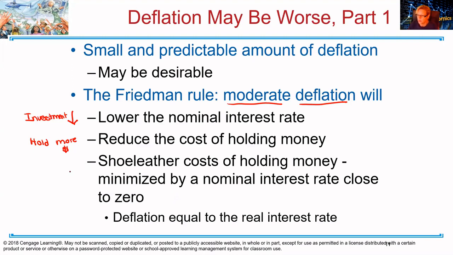Because you can hold more money and that money is not being eroded. We can have deflation equal to the real interest rate. So again, when we talk about the nominal interest rate equaling the real rate plus inflation, if we have decreasing inflation or 0, then the nominal interest rate becomes equal to the real interest rate.